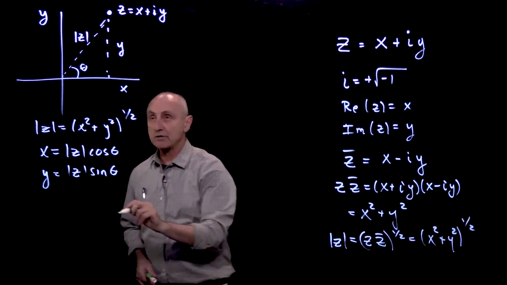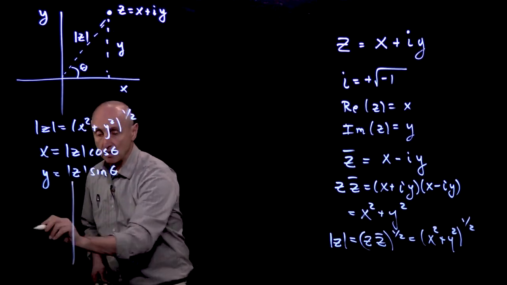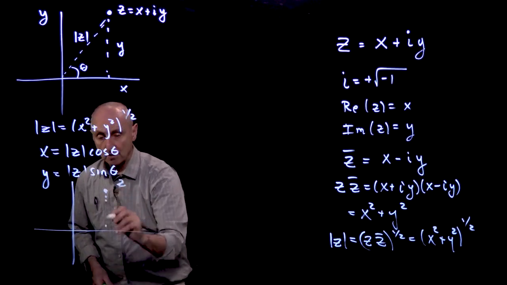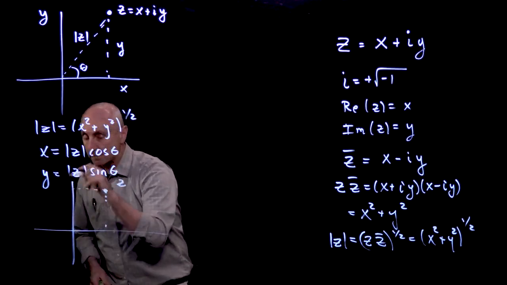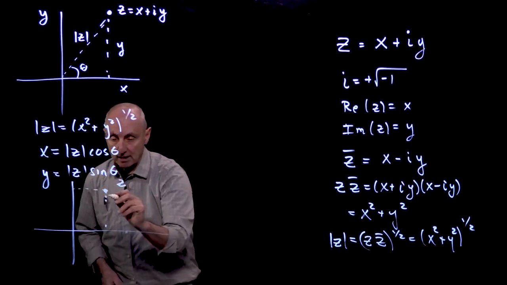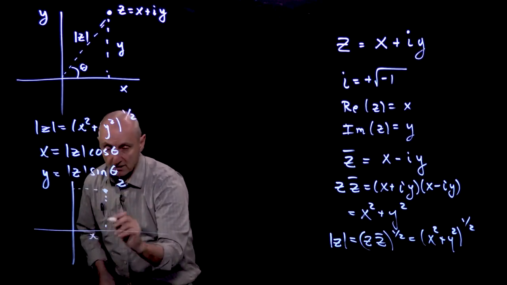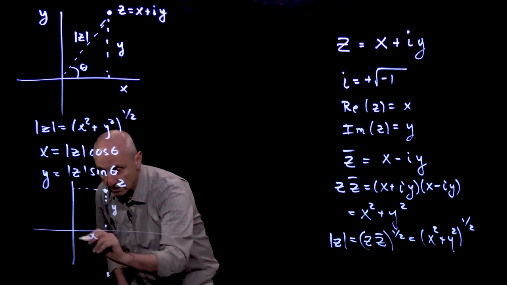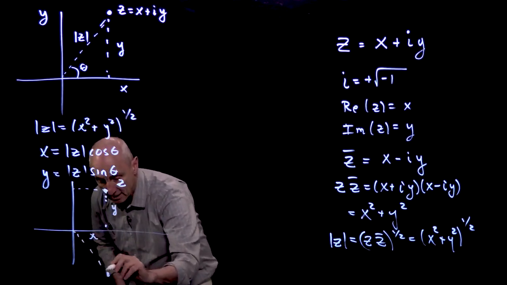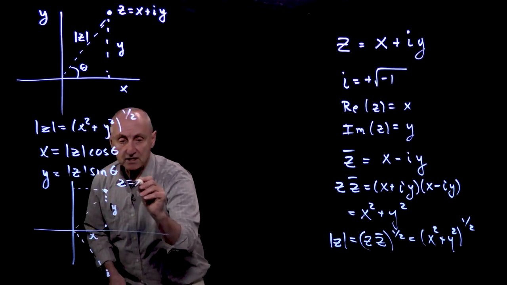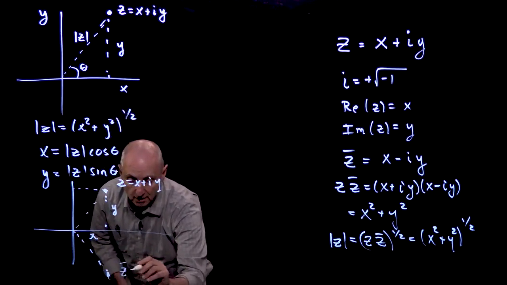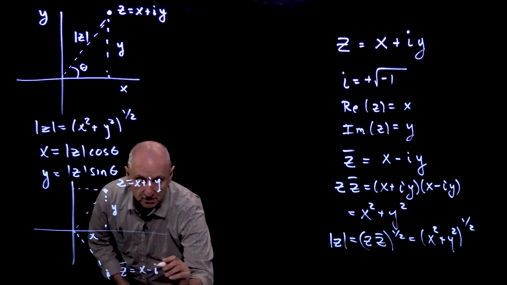Let's just, on the same picture, if we have a complex number z, then we have its imaginary part. So this is our x, and this is our y. And if we want the conjugate complex number, then all we're doing, here we have z is x plus iy, and the conjugate z bar is equal to x minus iy.